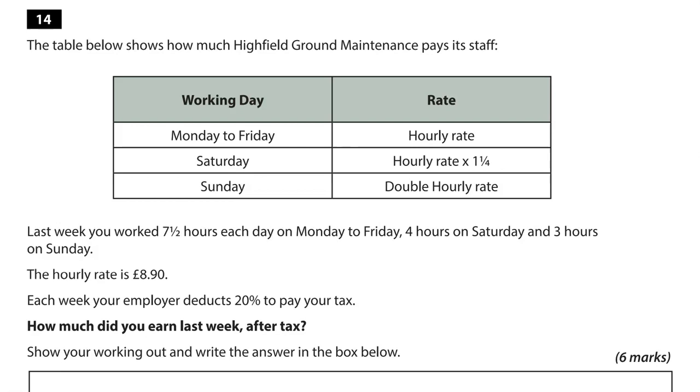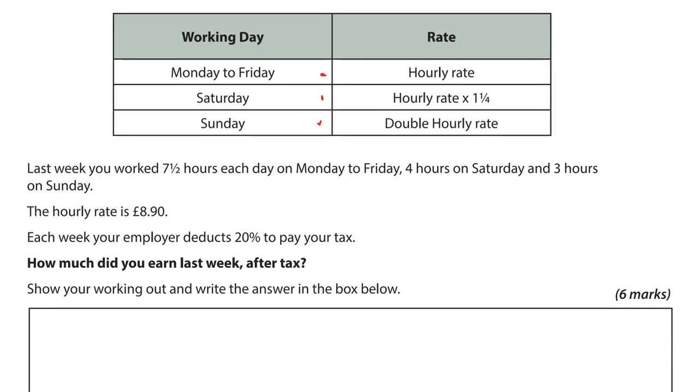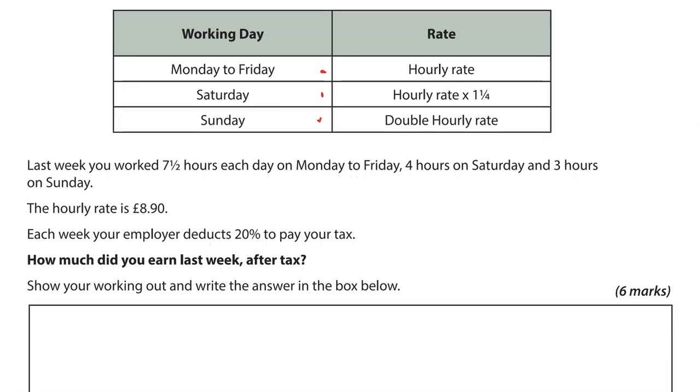Okay, so we've got different rates for different days. So we're going to have to split this into different parts. Last week you worked 7.5 hours each day on Monday to Friday. So 5 days times 7.5 is 37.5 hours.